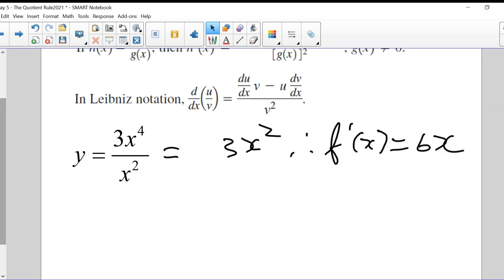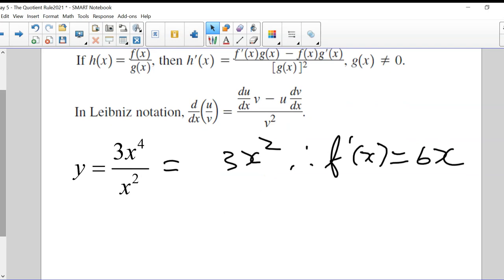Well, let's apply that quotient law to this. The quotient law says, take the derivative of the top.